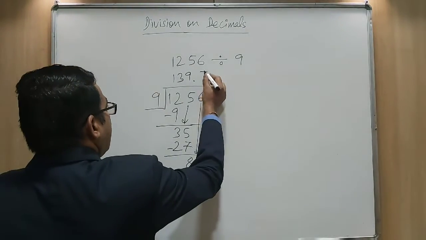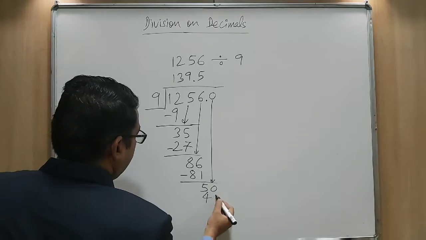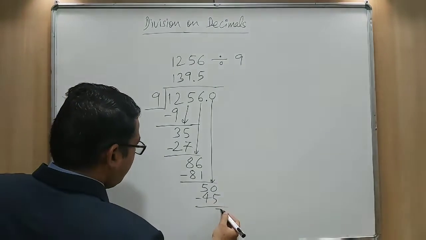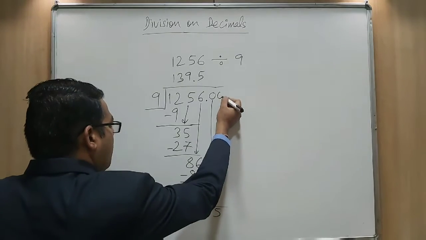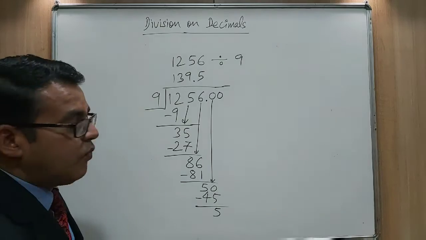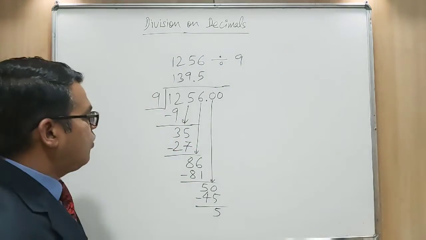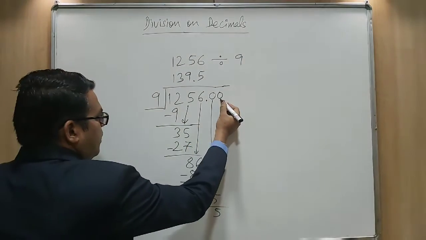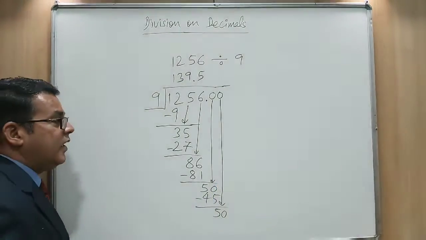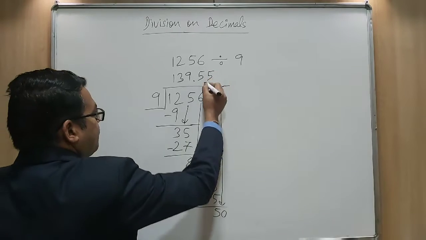So 9 5s are 45. What do we have here after subtraction? 5. Put one more 0. You can add as many zeros as you want. There is no bound, you can put 0 there also. So shift this 0 here now. It becomes now 50. Now again 5 times.